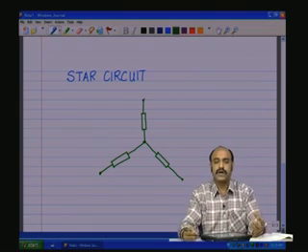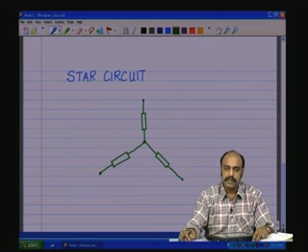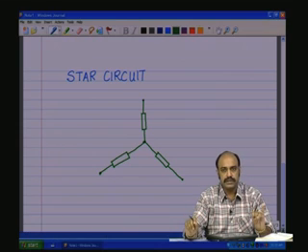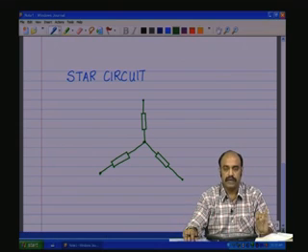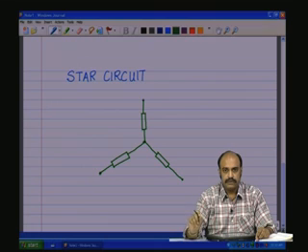In fact, that is the constraint that we applied on a general 3 sources and general 3 loads to obtain the 3-phase circuit. What were the constraints? The first constraint is that the effective values of all the 3 single voltage sources should be the same, or the peak values. And the second is that the phasors of each of the 3 independent sources should be displaced with respect to each other by 120 degrees.